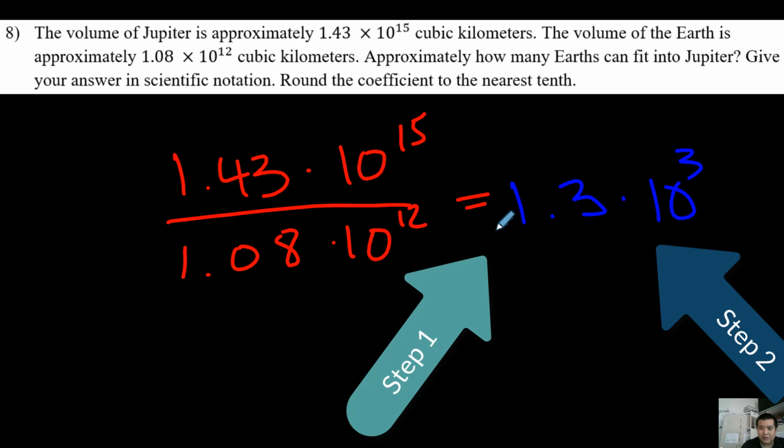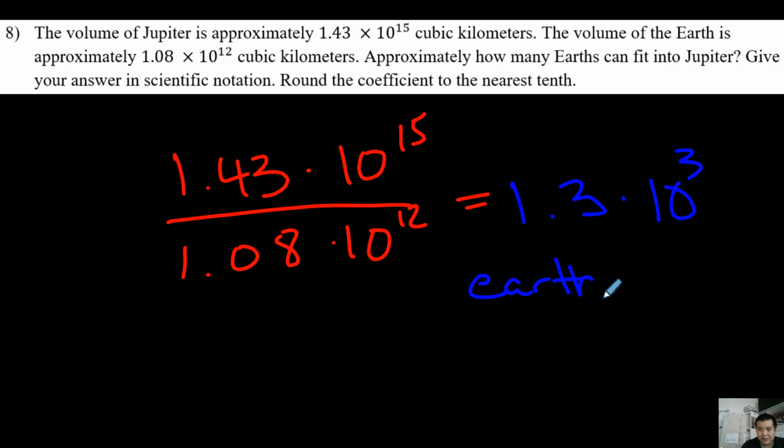So 1.3 times 10 to the third is the number of Earths that can fit into Jupiter.